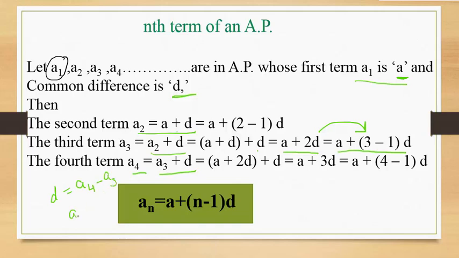From this A4 will be A3 plus D. Now A plus 3D. We can write this as A plus (4 minus 1) into D.